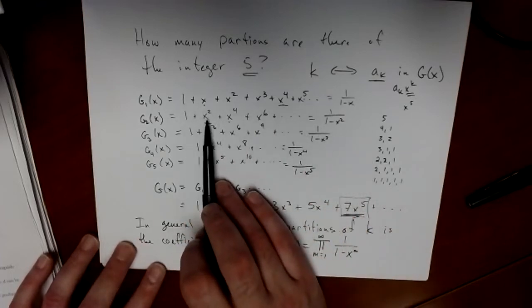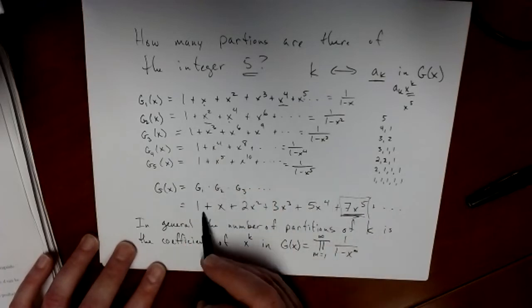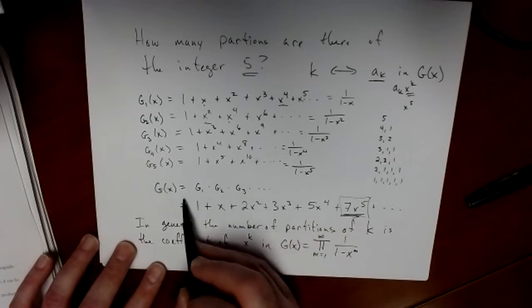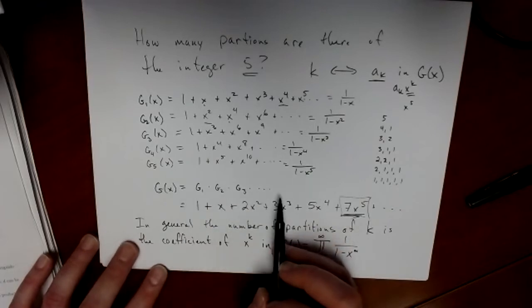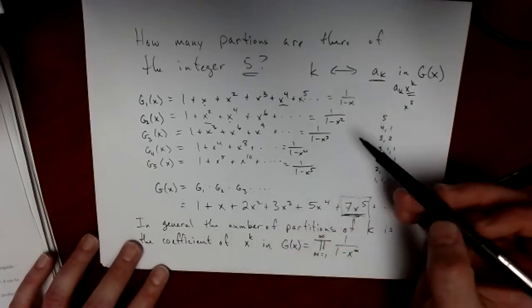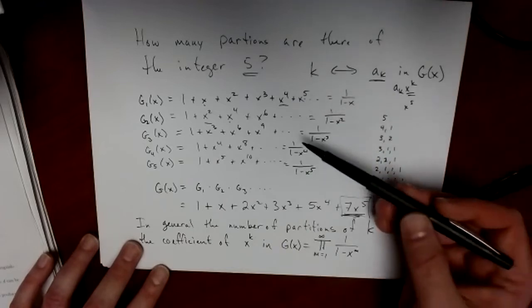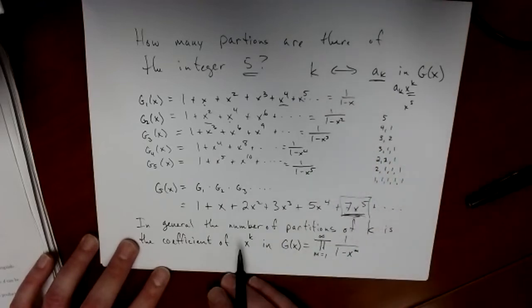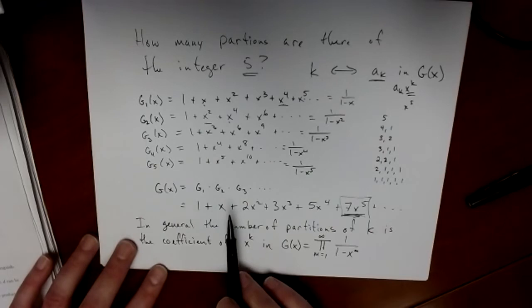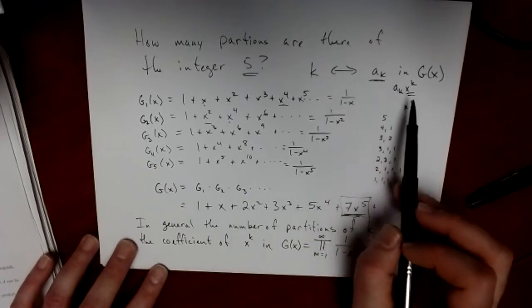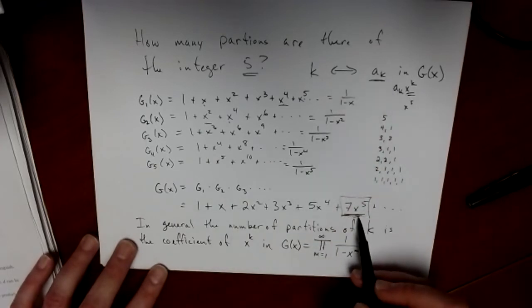In this product here, we're saying that we can pick the number of ones, the number of twos, the number of fours, the number of 86s, and that may not contribute to the specific a_5 we're looking for.